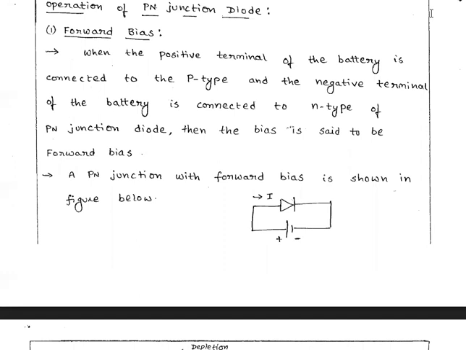Now, operation of PN junction diode in forward bias. How is the PN junction in forward bias?